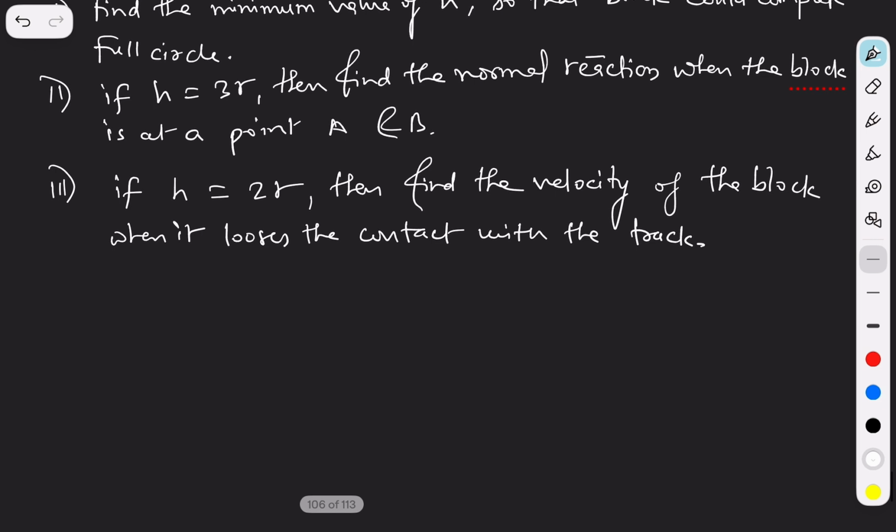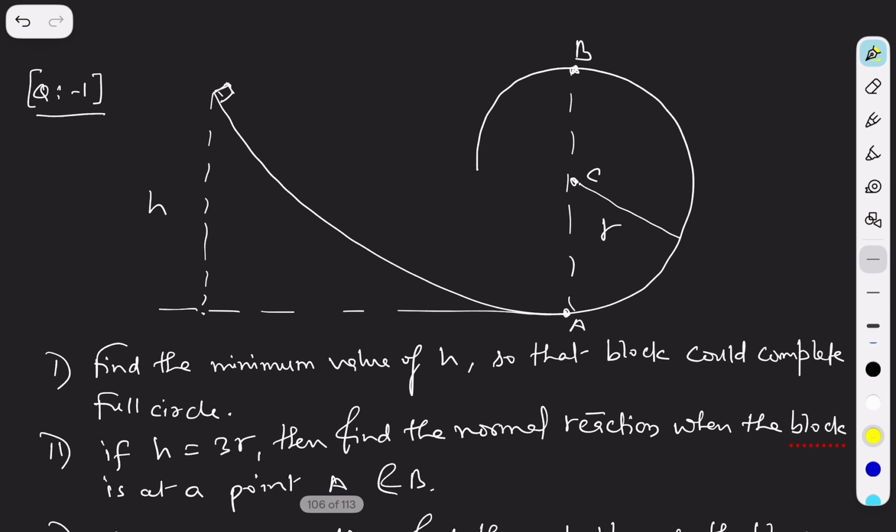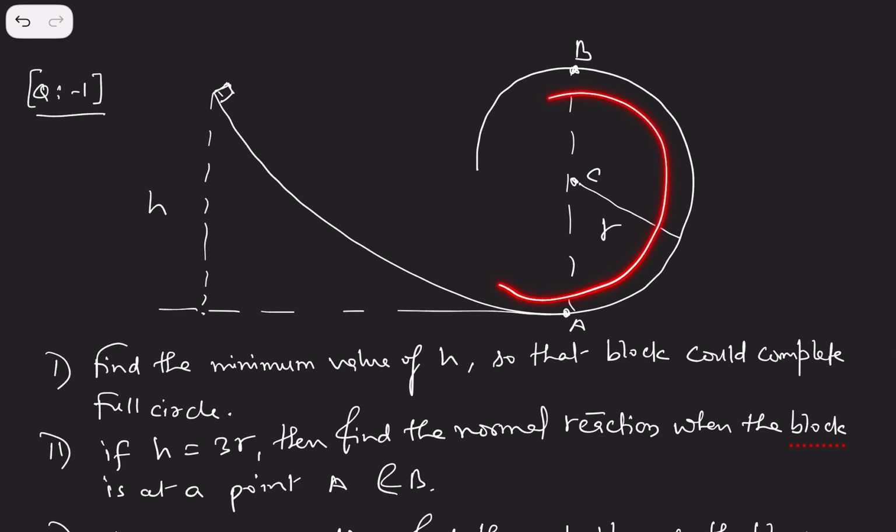See, guys, what I have told you, that if this kind of a scenario where a vertical circular track is there, and this block is there, in these kind of problems we can use the idea of the string plus block problem. That kind of concept you can use to understand what are the requirements to complete the full circle.